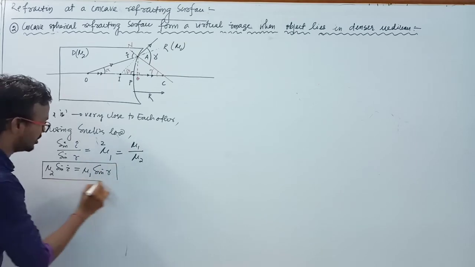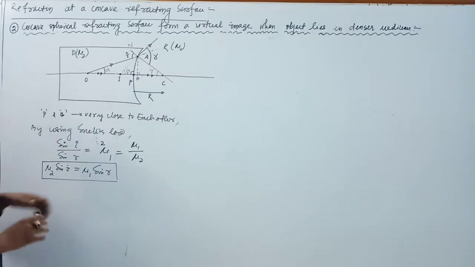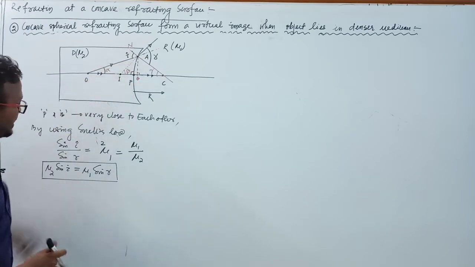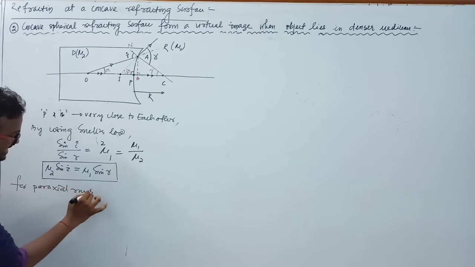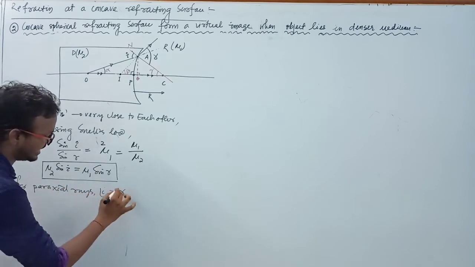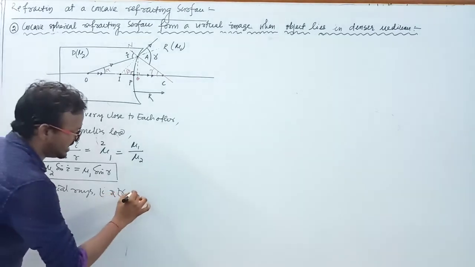This is equation 1. But here we use a paraxial ray, and this aperture is very small. For a paraxial ray, the angle of incidence and angle of refraction are very small.